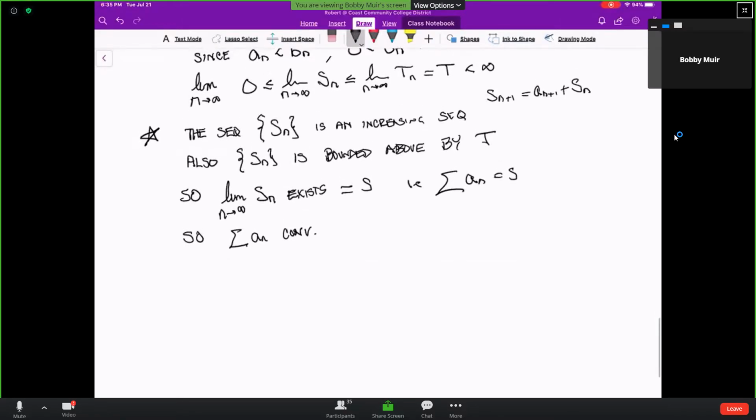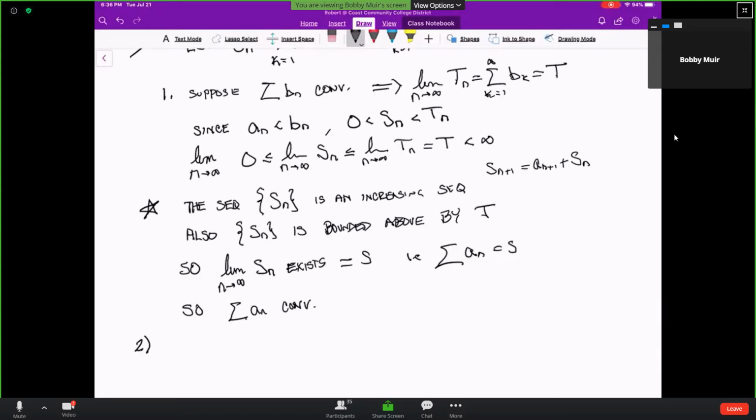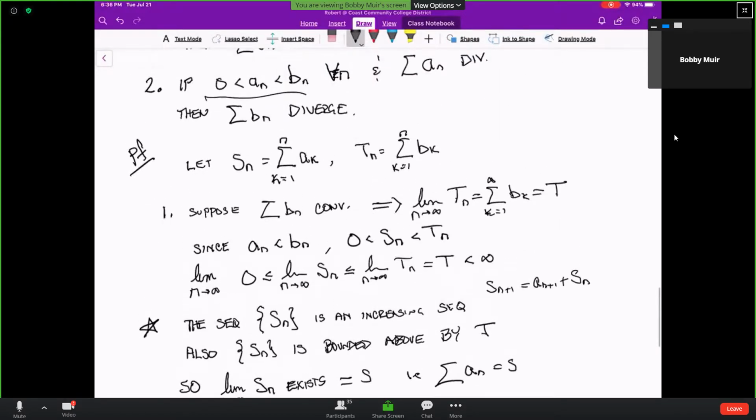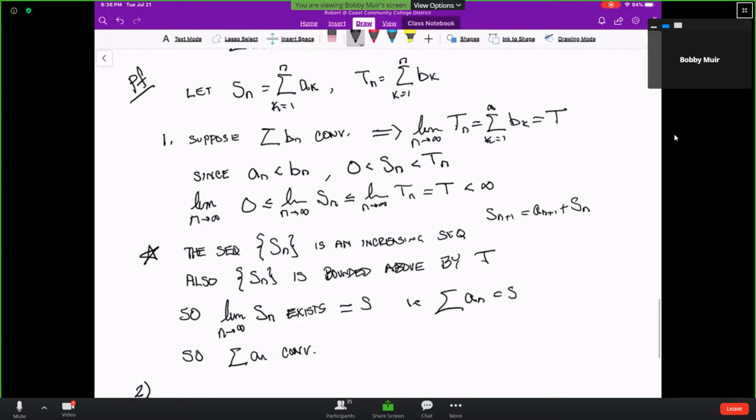All right, what about the second case? I want you guys to try this, for those of you that are interested. The second case is, let's suppose the ANs diverge. So we're still going to have this line. Now, when you take the limit as n goes to infinity of Sn, because everything's positive, Sn is going to infinity.